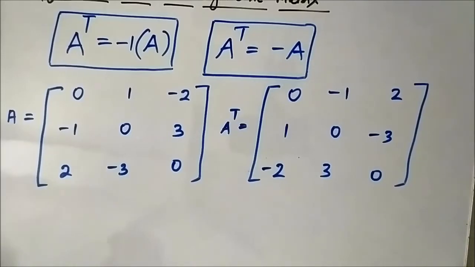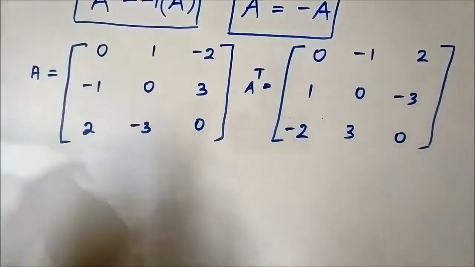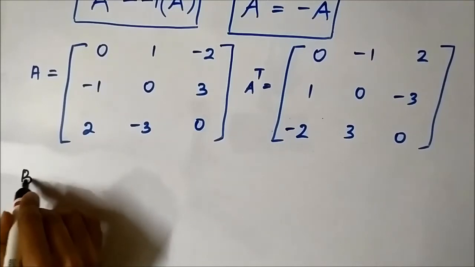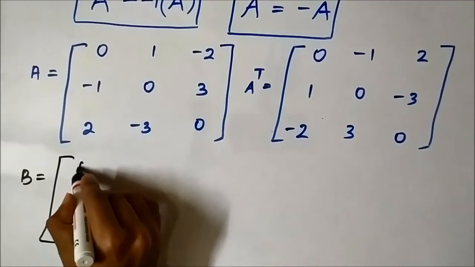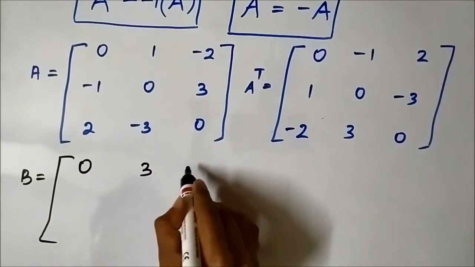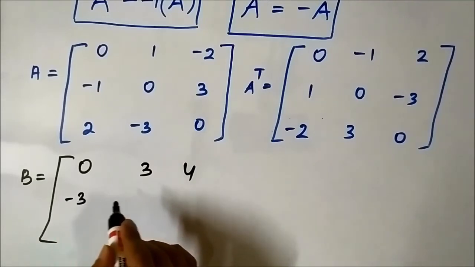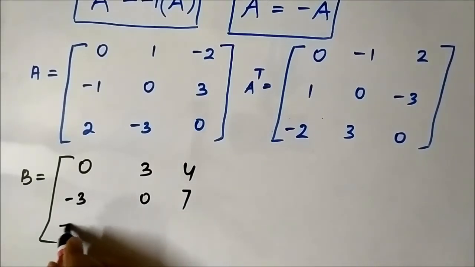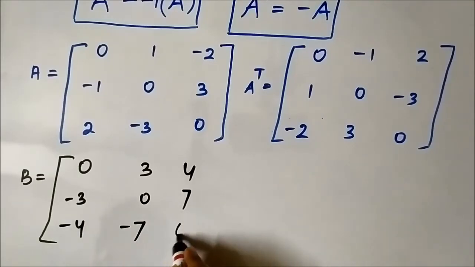Another example of a skew symmetric matrix: let's say we have another matrix B equal to 0, 3, 4, minus 3, 0, 7, minus 4, minus 7, 0.